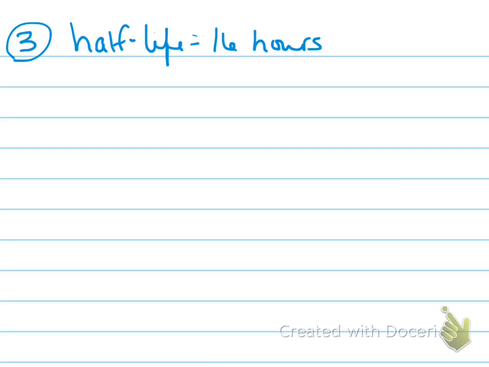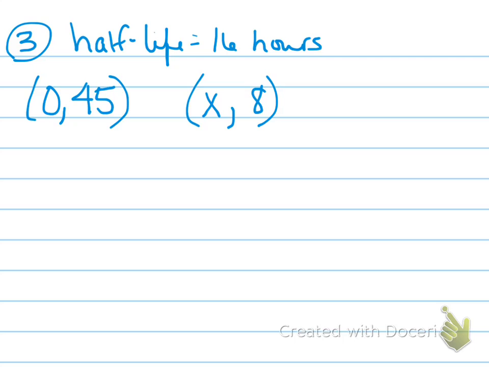So here's what we have. We have 0 hours where they're given 45 grams or 45 centimeters of the medicine. We want to know at what time will there be 8 centimeters left.